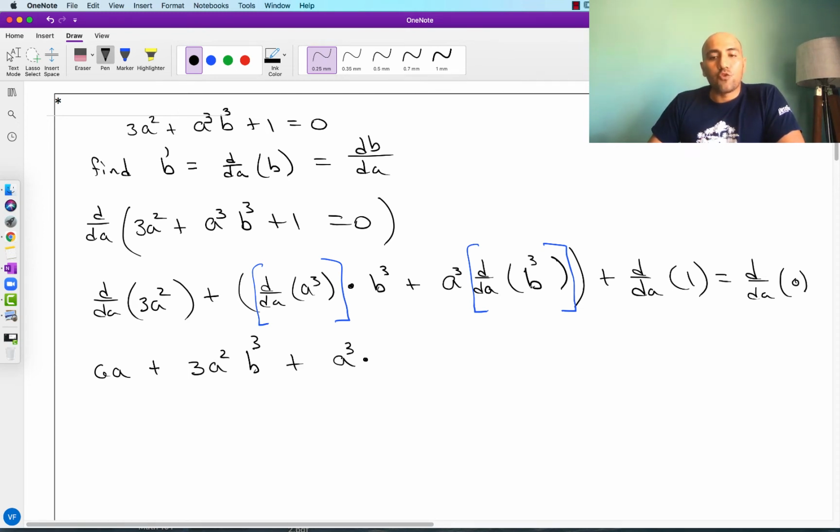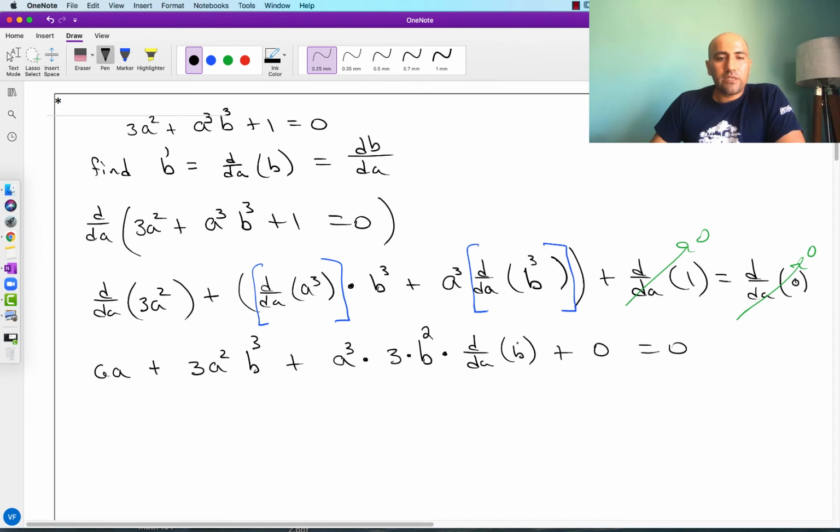So we're going to assume that the derivative exists, and we're going to use our chain rule to rewrite this as 3 times b to the second power times the derivative with respect to a of the b, plus, and now this is easy, the derivative of a constant is 0, and the derivative of 0 is 0. So this is really just plus 0 equals 0. Easy.